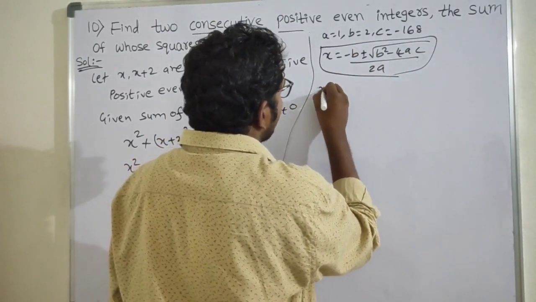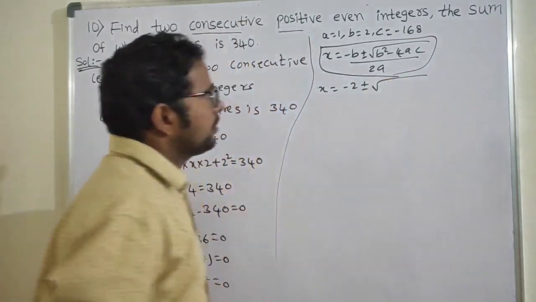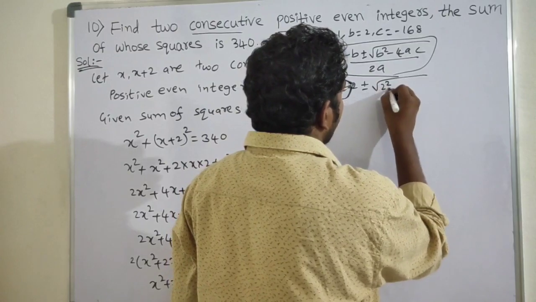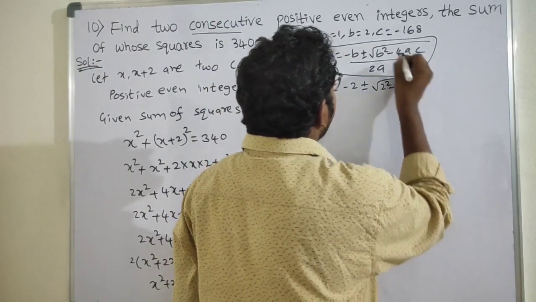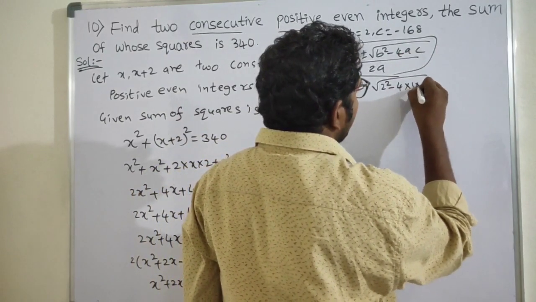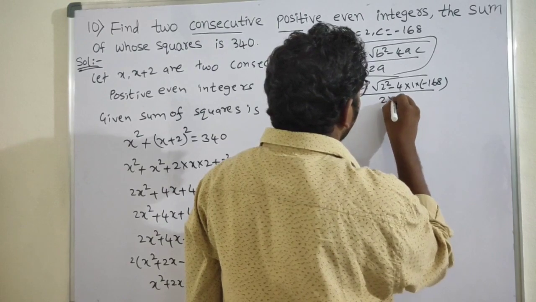So x equals minus b, that is minus 2, plus or minus square root of b value 2 squared, minus 4 into a value 1, into c value minus 168, by 2 into 1.